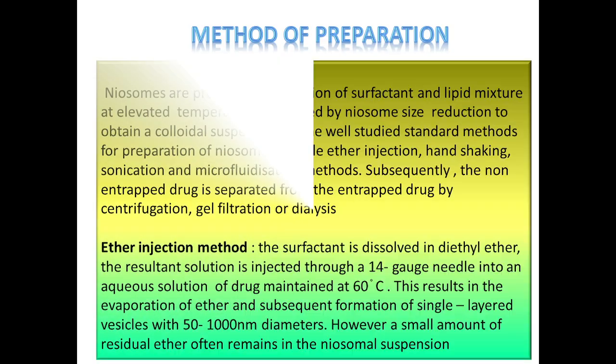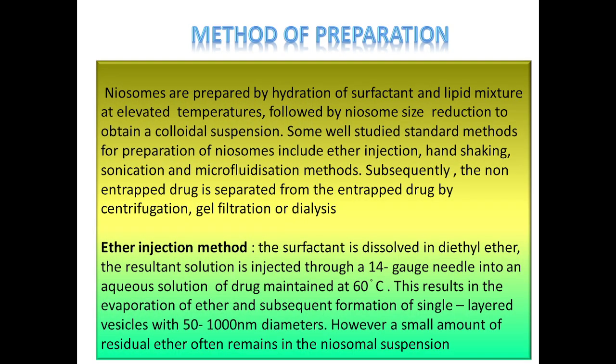Now, method of preparation. Niosomes are prepared by hydration of surfactant and lipid mixture at elevated temperature, followed by Niosome size reduction to obtain colloidal suspension. So basically it is prepared by hydration of surfactant and lipid mixture, which is carried out at elevated temperature and which is followed by size reduction.